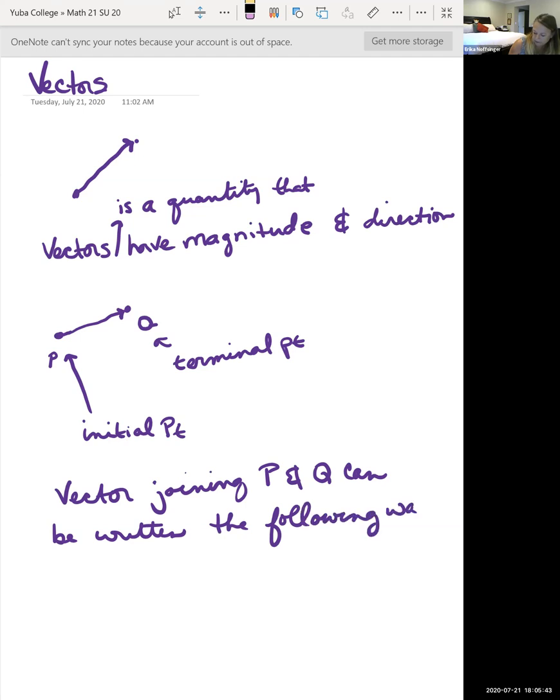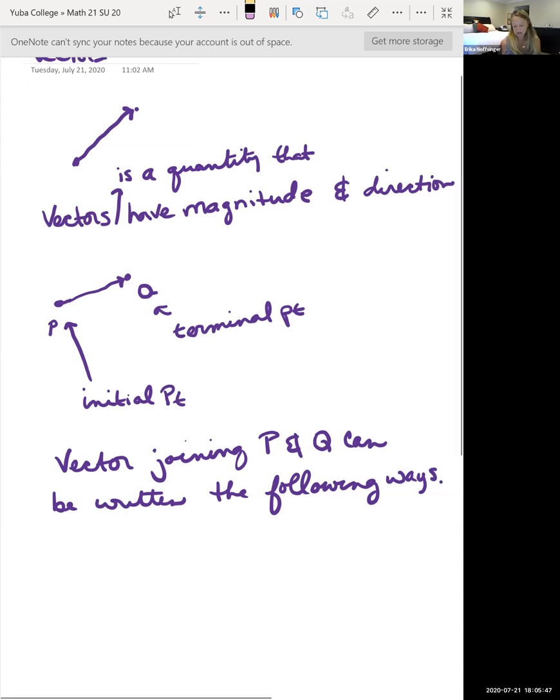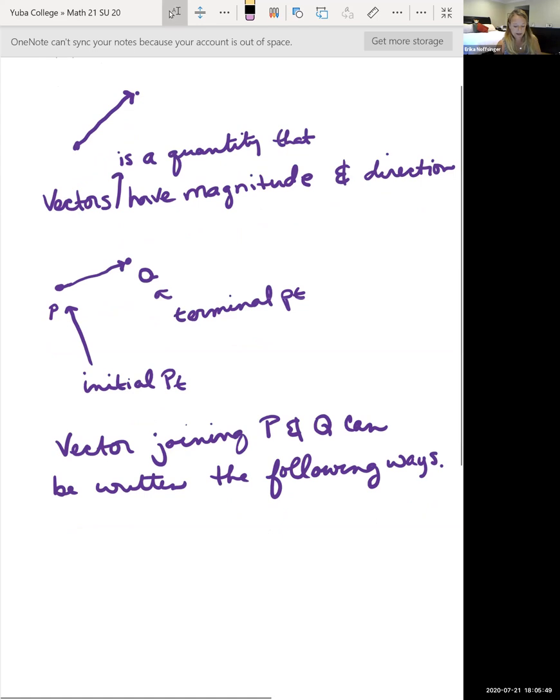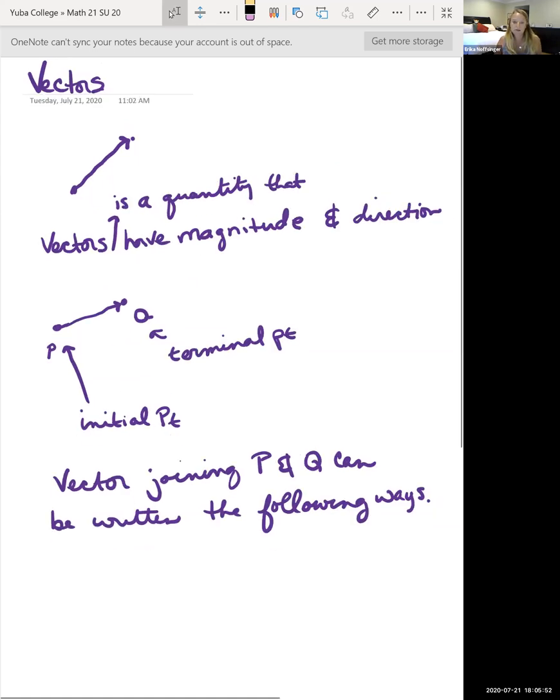A lot of times when you see vectors in a textbook, or typed, they're going to be bold. But that's hard to do when you're taking notes or writing out solutions. So to note vectors, you write an arrow over the vector, whatever it's called. So we could write the vector PQ as PQ with a line over it.